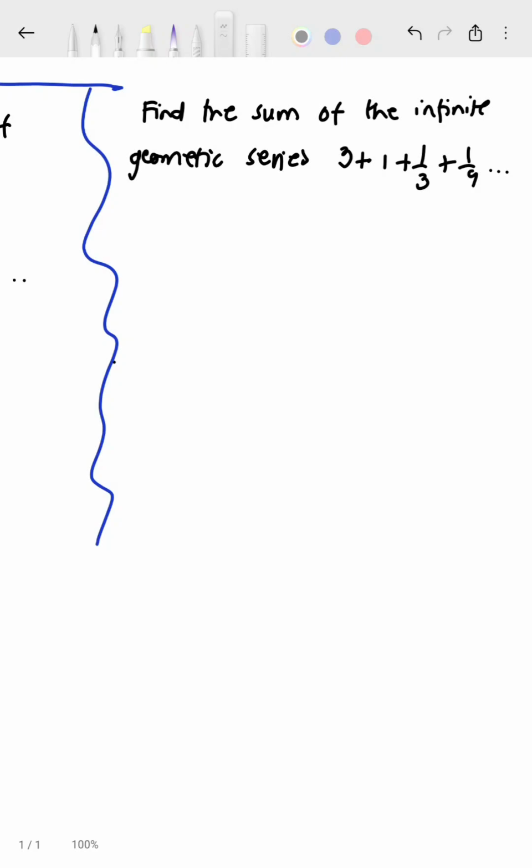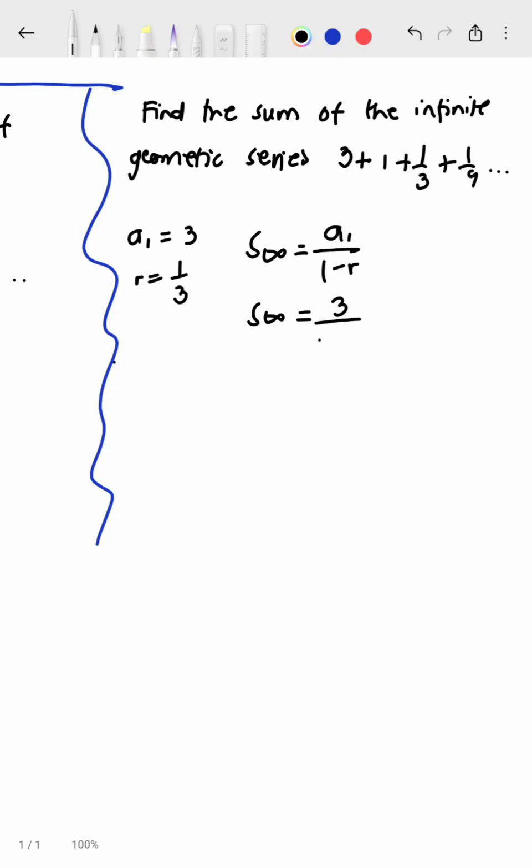And since it is defined as an infinite geometric series, so what we need will be the first term, which is 3, and the common ratio, which is 1/3. Okay? So, we'll have the sum of the infinite will be the first term over 1 minus r. And the sum is 3 over 1 minus 1/3.